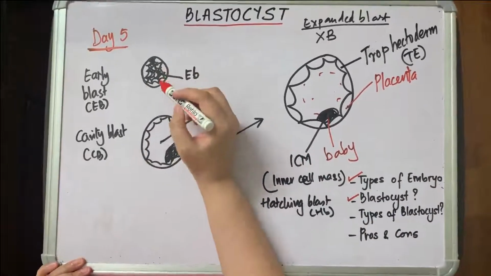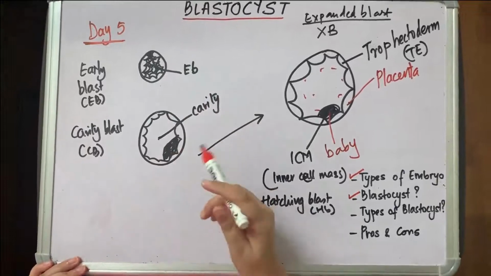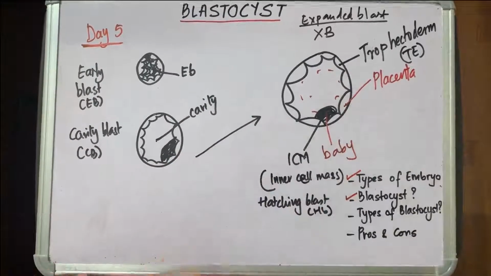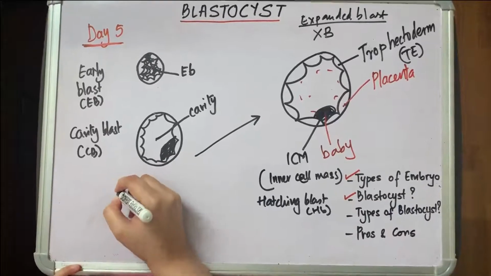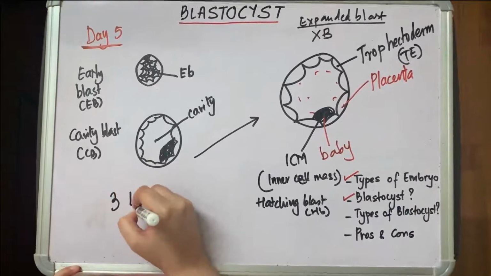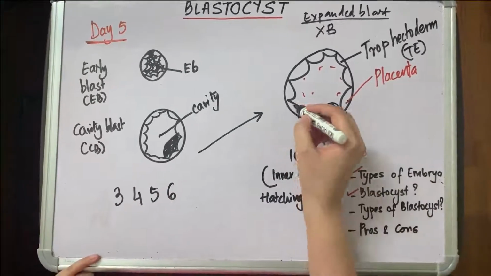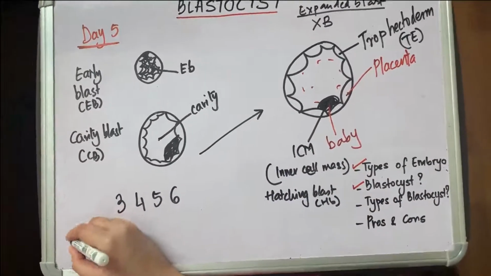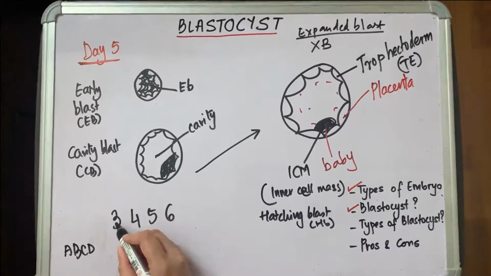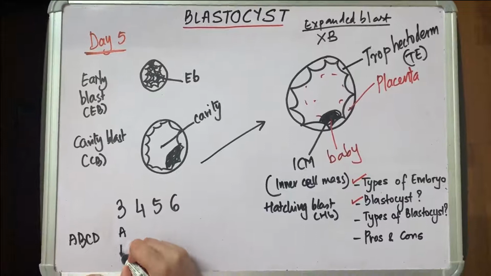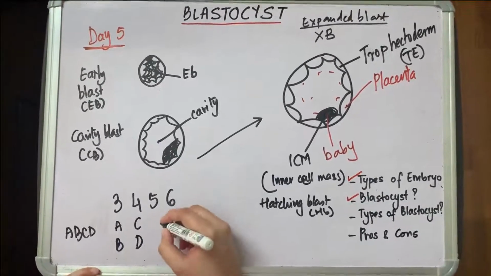So what I mean by expansion is, how I said here, it's still small. Here the cavity is enlarging. So the grading is done in numbers based on the expansion, that is 3, 4, 5, 6, and then we grade the ICM and the trophectoderm as A, B, C and D. So there can be a combination of 3, ICM A, trophectoderm B, or C and D, and so on.